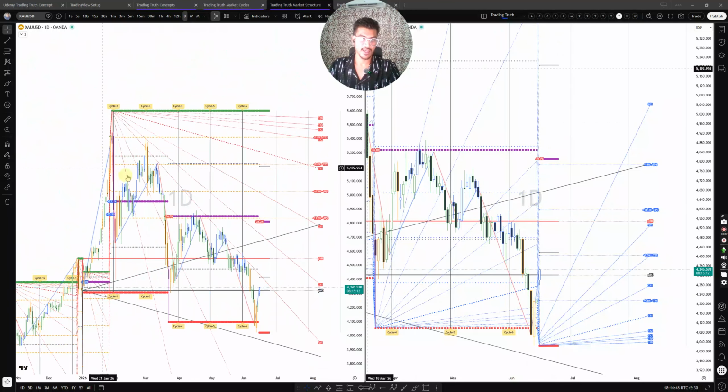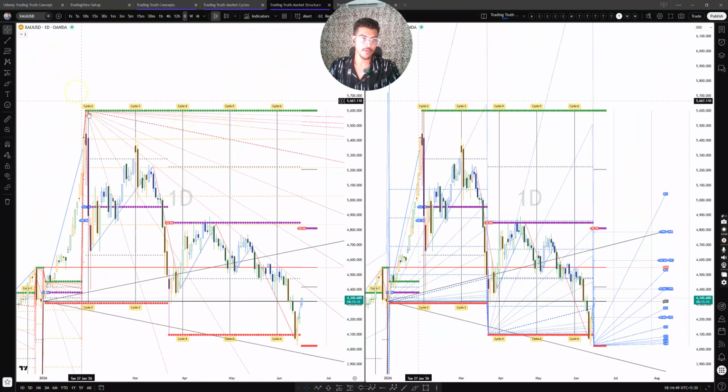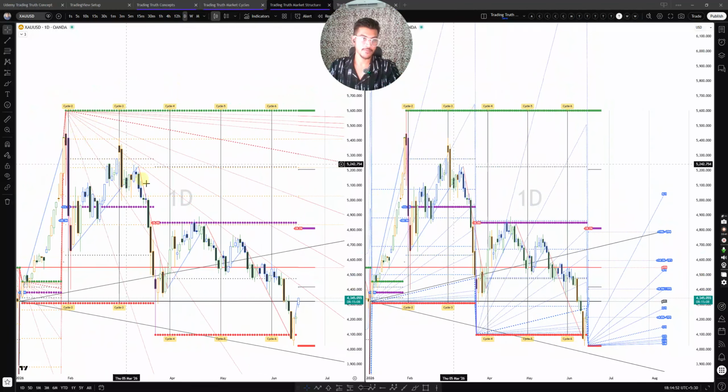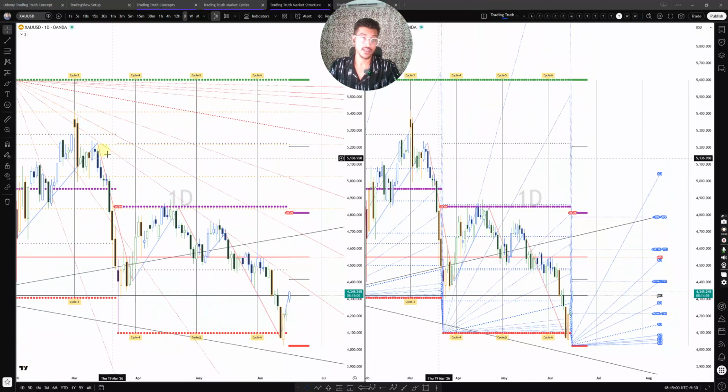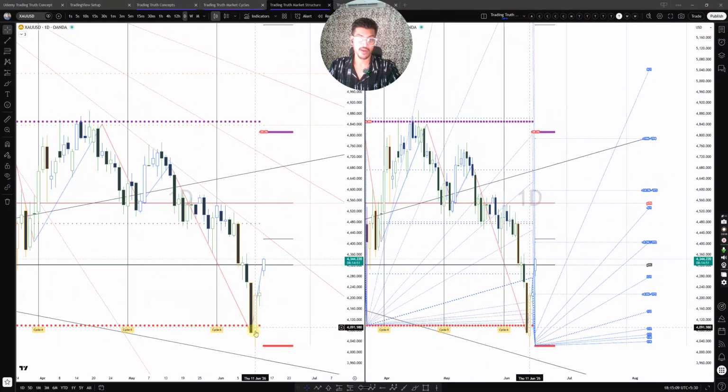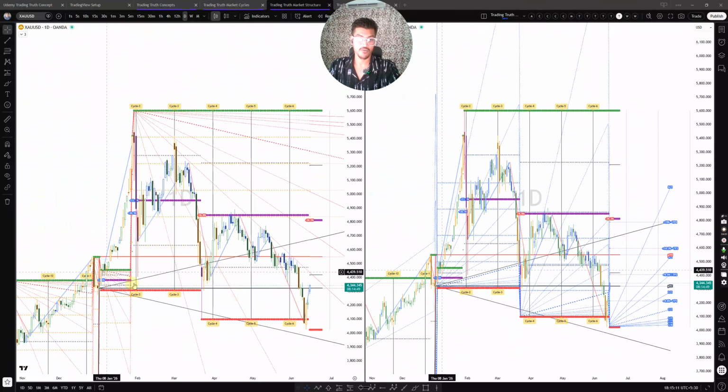You can see it has taken resistance from this cycle to trend line. Those were the early sellers, and this is a very strong trend line. Market dipped down a lot, and then it found another resistance on cycle 5, and market came down and made a new low for this year.